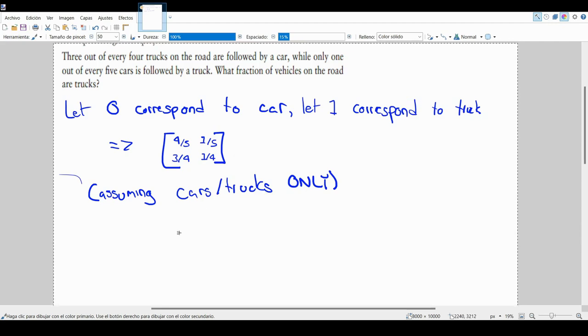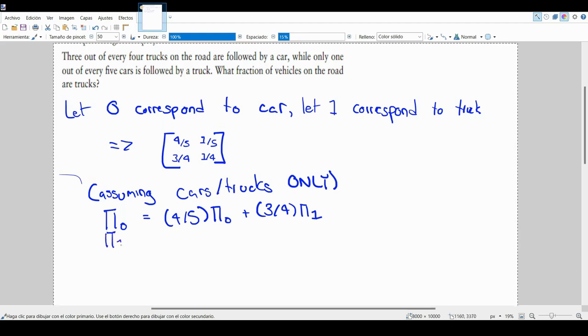Now, to get the long run proportions of each vehicle, we may use this formula. So this corresponds to cars. This will equal this value here. So we just go along down. It'll be 4 over 5 times, we'll call this pi 0, and then we'll add 3 over 4 pi 1.